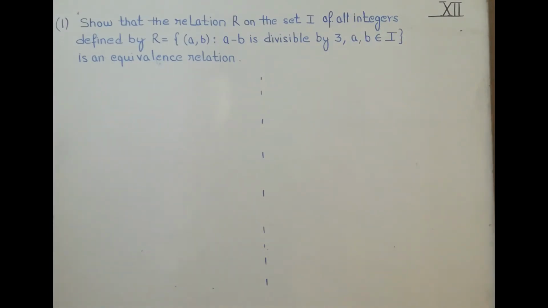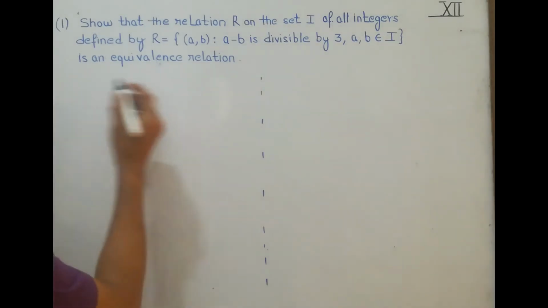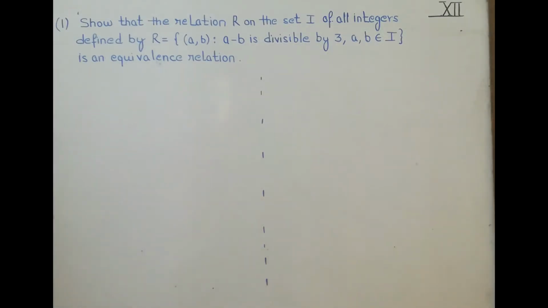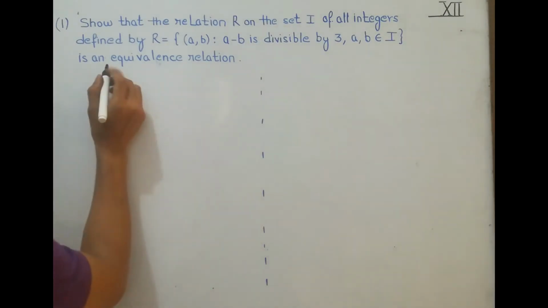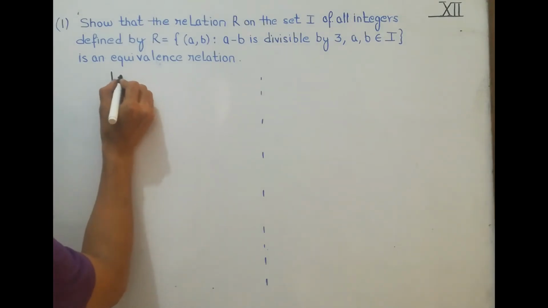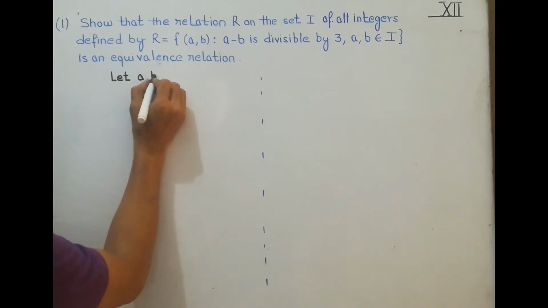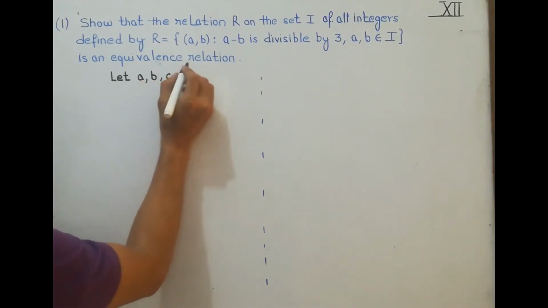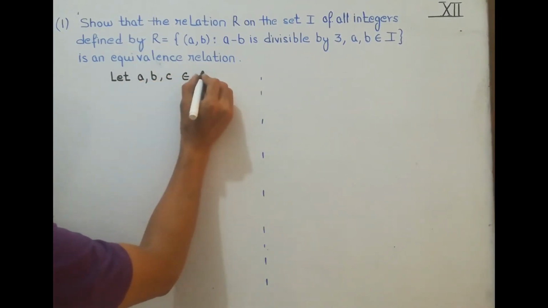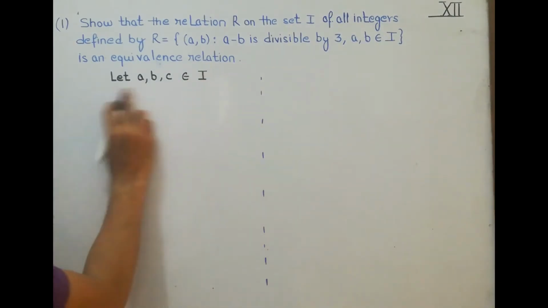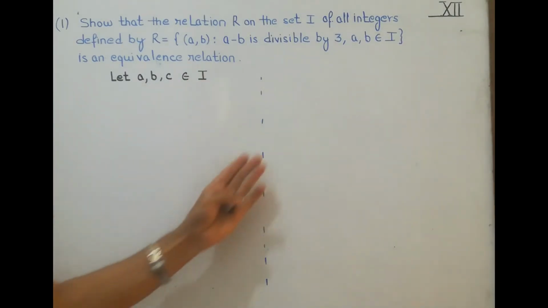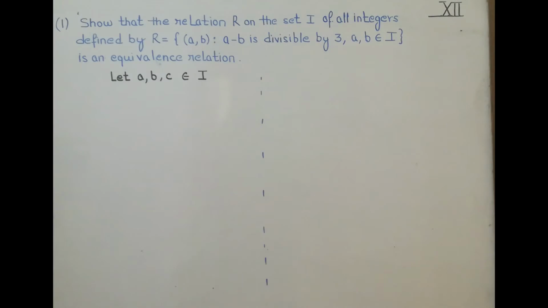So let us consider three elements a, b and c belonging to I. We have considered three elements from the set of integers because the relation was on the set of integers.